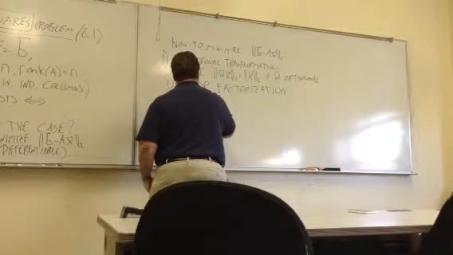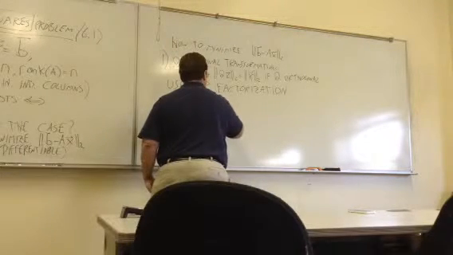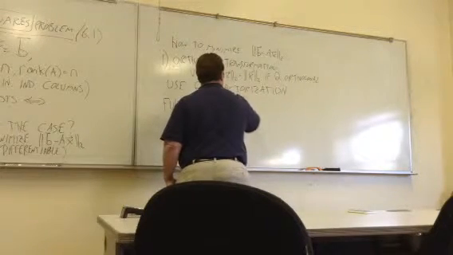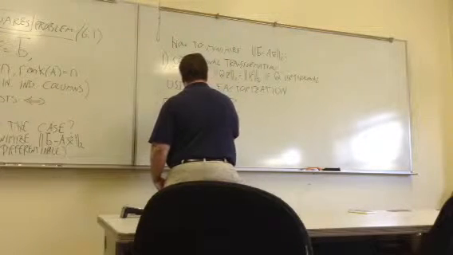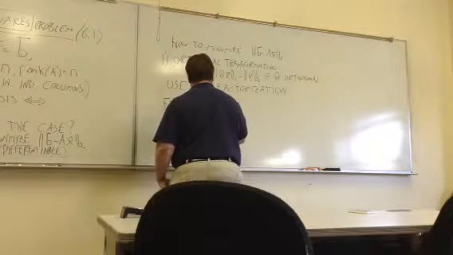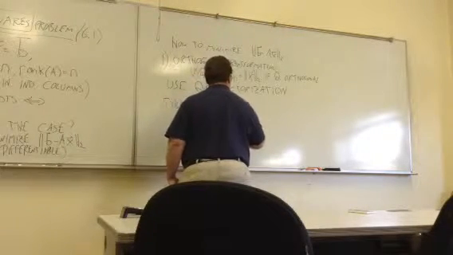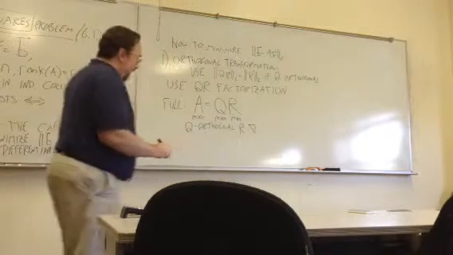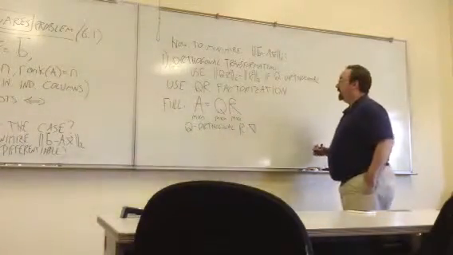So A is m by n, and we write it as the product of the m by m matrix Q and then an m by n matrix R. Q is orthogonal, and R is upper triangular.